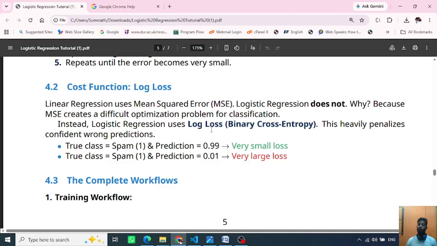Instead, logistic regression uses log loss, or binary cross entropy. This heavily penalizes confident wrong predictions. If the true class is spam, 1, and the prediction is 0.9, it gives a very small loss. True class spam is 1 and prediction is 0.99, very small loss. And 0.1, very large loss.